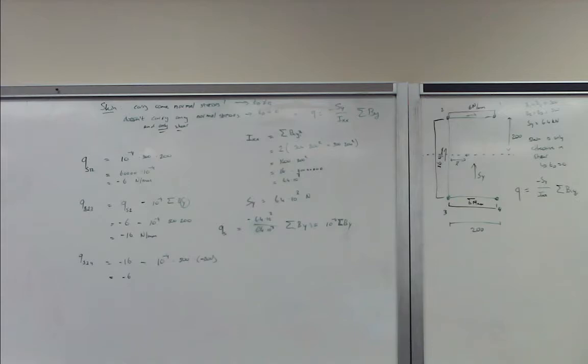Is that going to change the shear flow? No. Up and down will change it. The location does not change the shear flow directions. And in most problems, you assume that it's just acting through the shear center to make your life easier, because then you don't have to deal with the twisting of it.